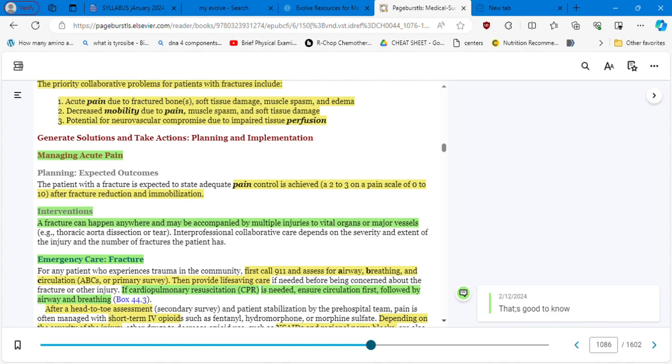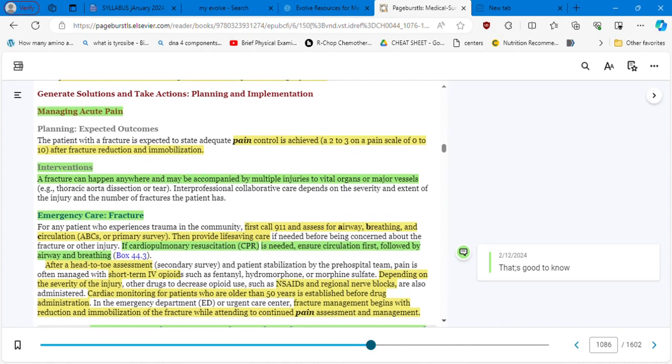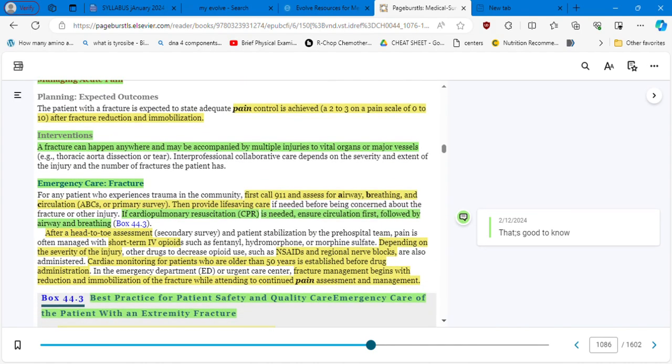So how are we going to manage the pain? We are looking for pain control between 2 to 3 on a pain scale of 0 to 10 after fracture reduction and immobilization. Let me repeat: we want the pain to be between 2 to 3 after fracture reduction and immobilization.